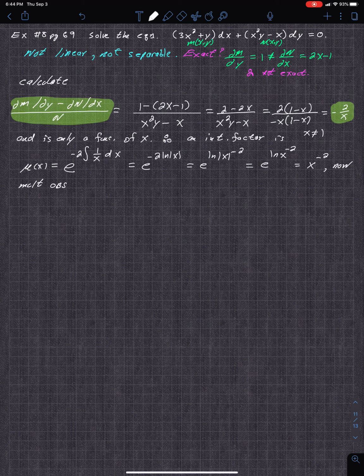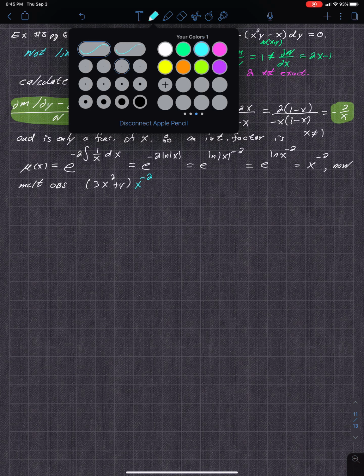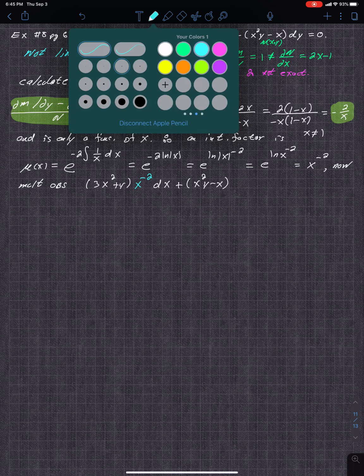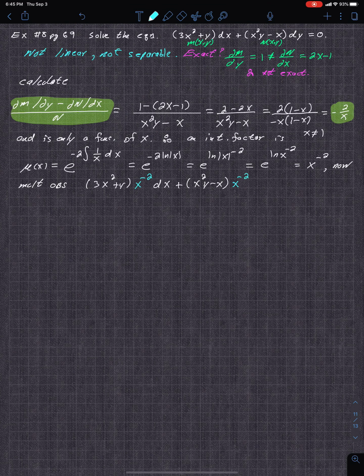So we get (3x² + y) x⁻² dx plus (x²y − x) x⁻² dy equal to 0.